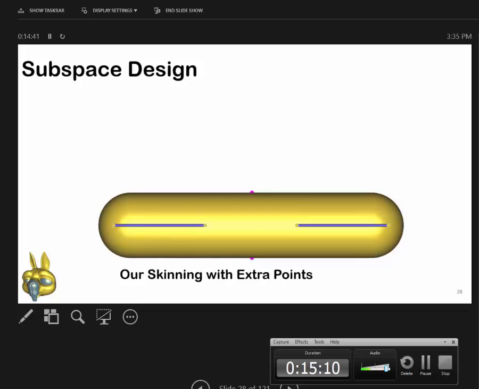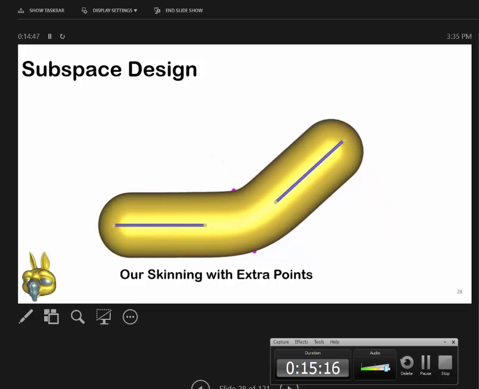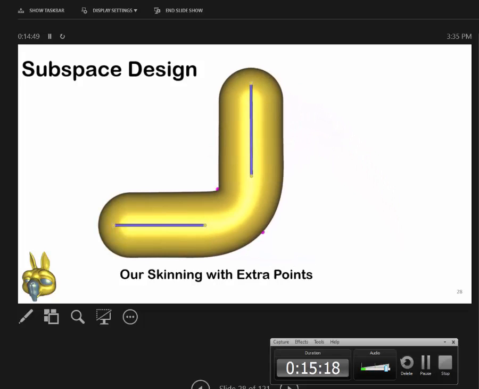But these artifacts can be fixed by simply adding two extra control points. These two extra control points will move automatically by minimizing the nonlinear energy. Artifacts disappear in this case. So in this way, we can easily design a compact deformation space, fixing the artifacts by simply placing the auxiliary points where we want them to be.